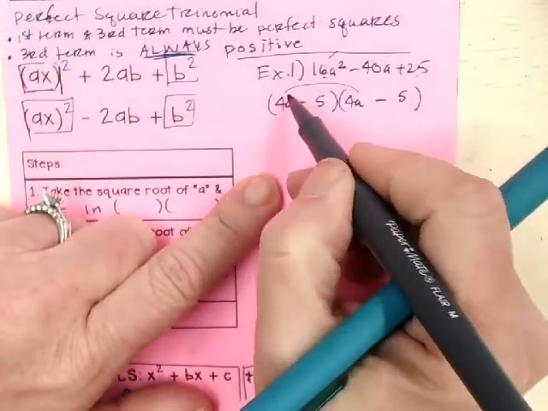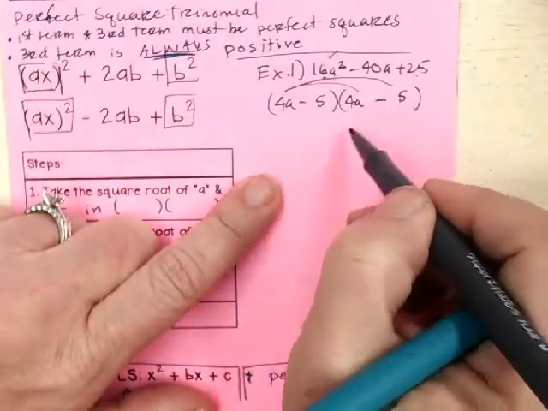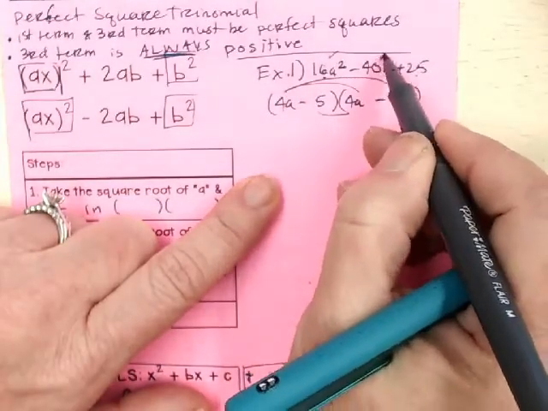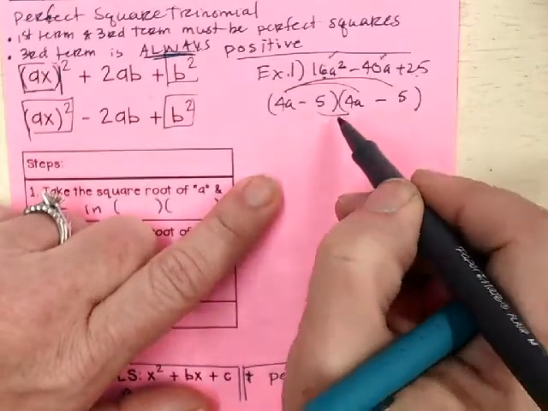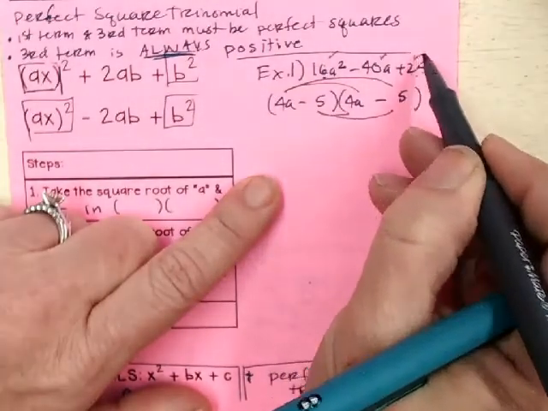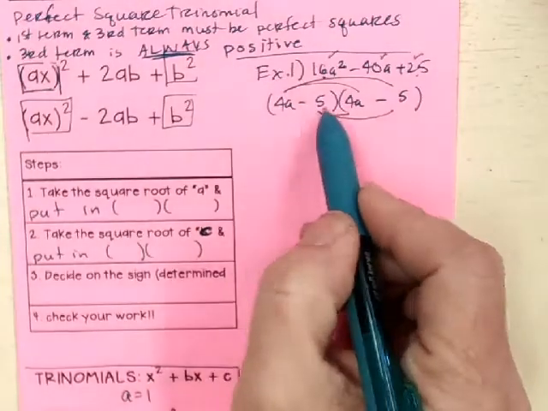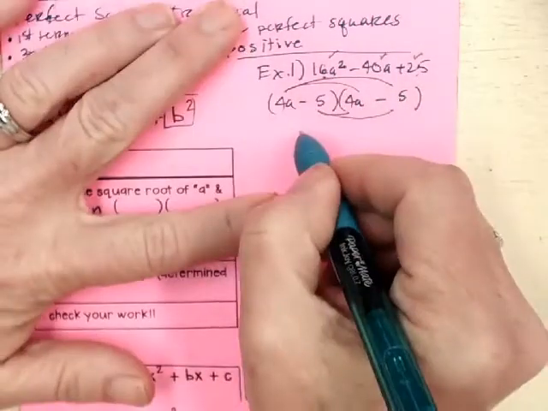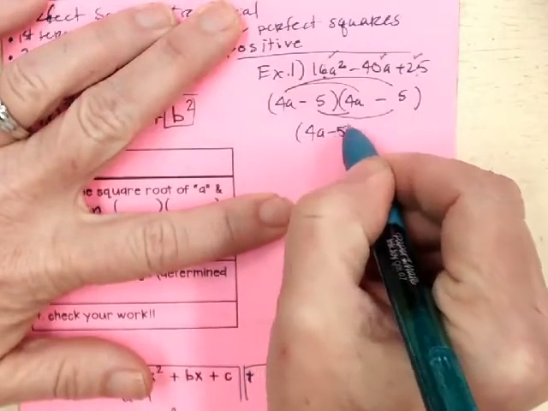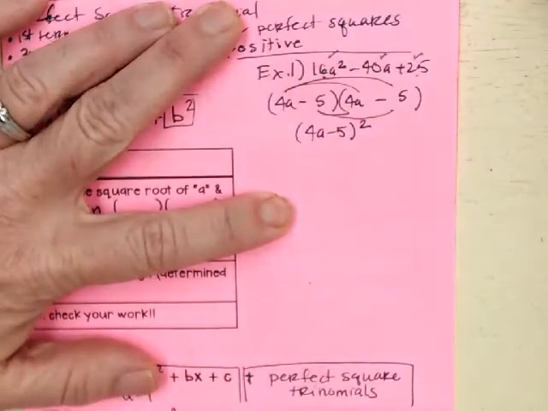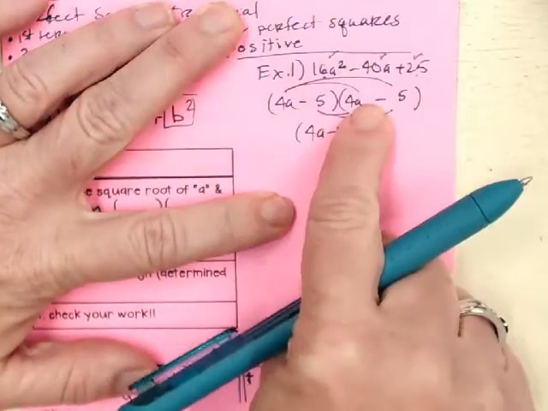This is going to give me negative 20a and negative 20a, which is negative 40a. And when I multiply here, that's going to give me a positive 25. So if you have something being multiplied by itself, you can write it like this, because if you square something, that means to multiply it by itself.